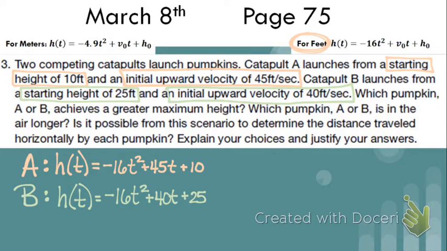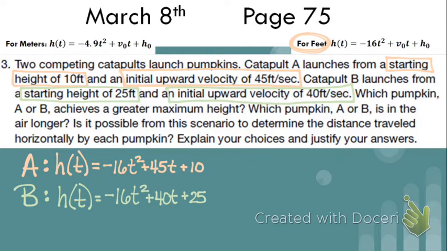How high did this pumpkin go? How would I figure that out? You can click the top. Yep, I'm going to click up at the top. What's the highest up this went? 41. Little bit more than 41.5 feet, right?